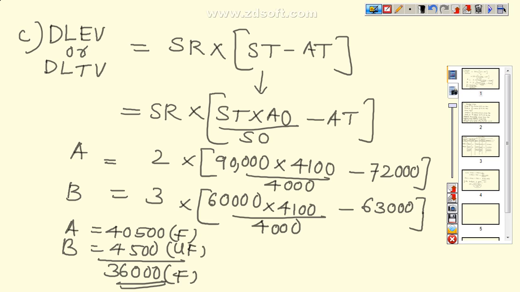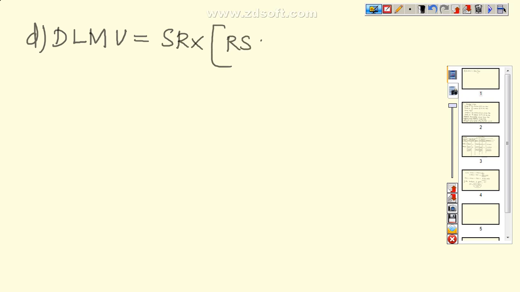After calculating this, next we have to calculate direct labor mix variance, that is equal to standard rate multiplied by RST minus AT. First we have to calculate RST.